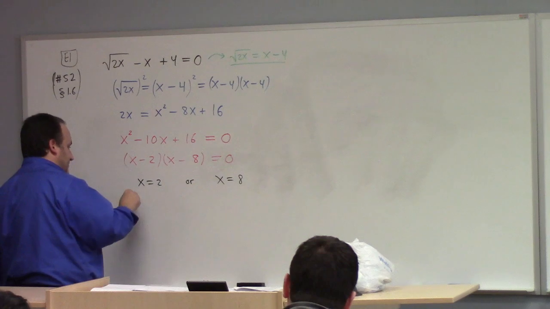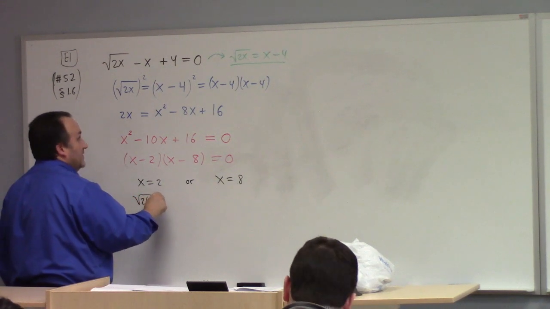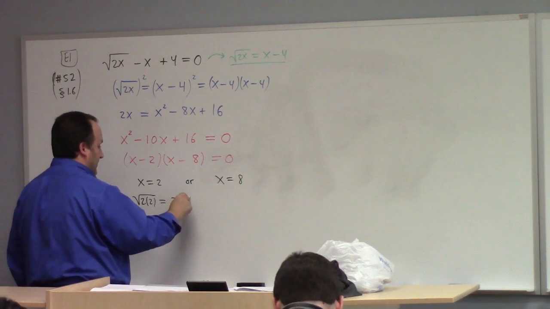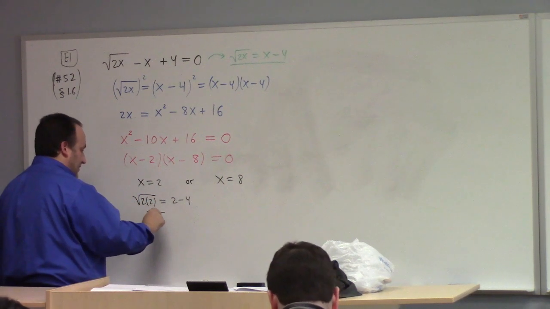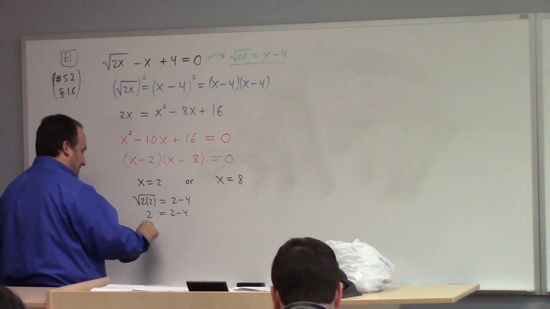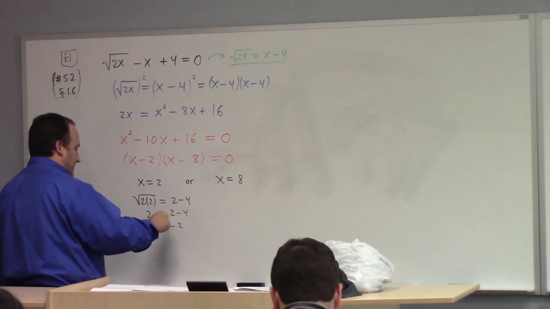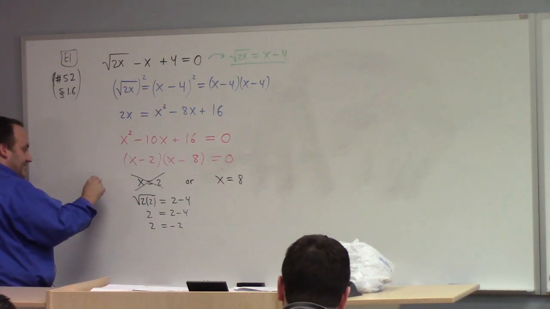Is the square root of 2 times 2 equal to 2 minus 4? What do you think? Well, that's the square root of 4, which is 2. Is 2 equal to 2 minus 4? No, that's 2 equals minus 2, which is false, right? So this right here is an extraneous solution.